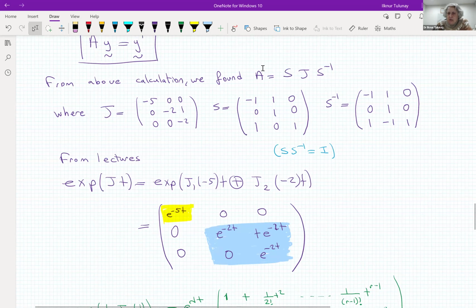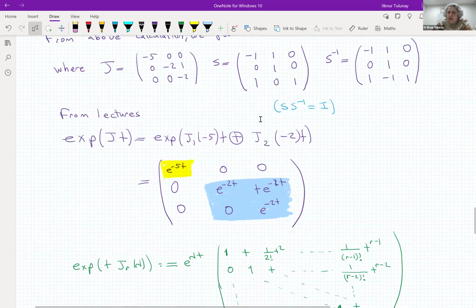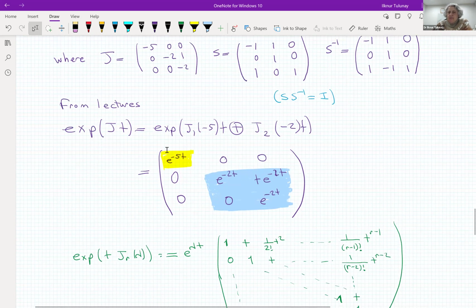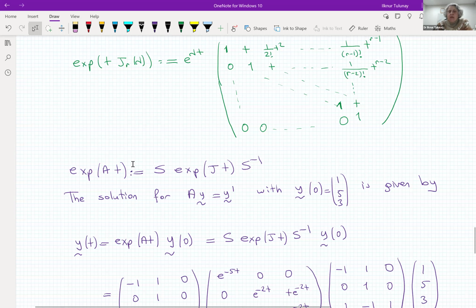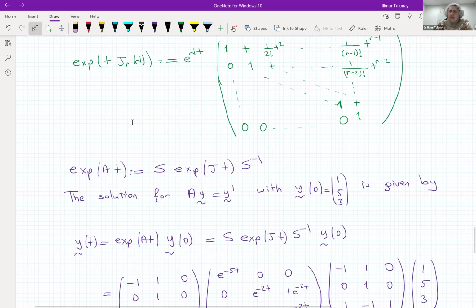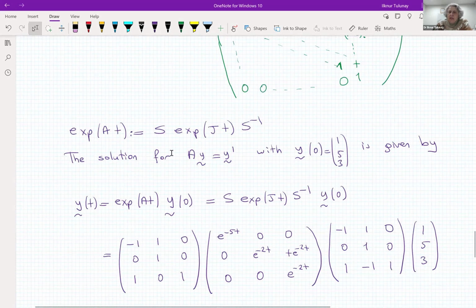So this one you already have. With taking the exponentials, you have this equality. The solution of such a system is given by this equality. So the solution y(t) is this matrix times the initial vector.